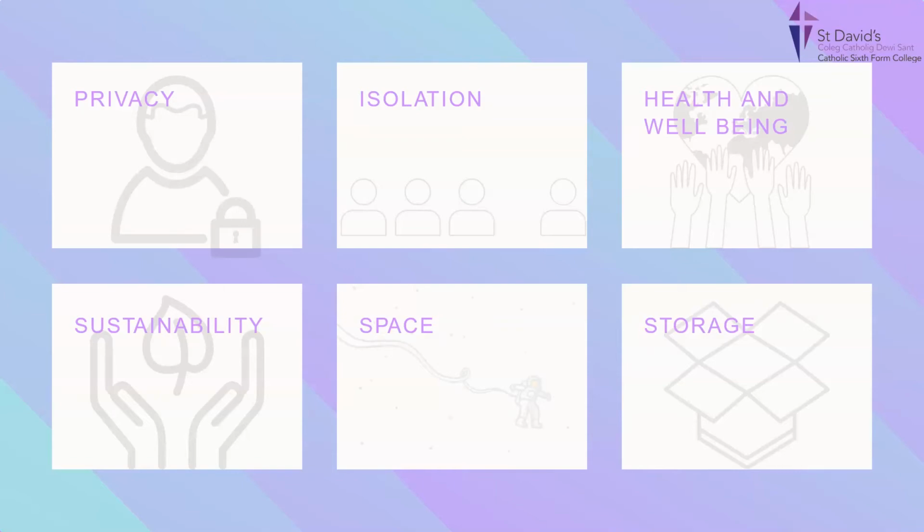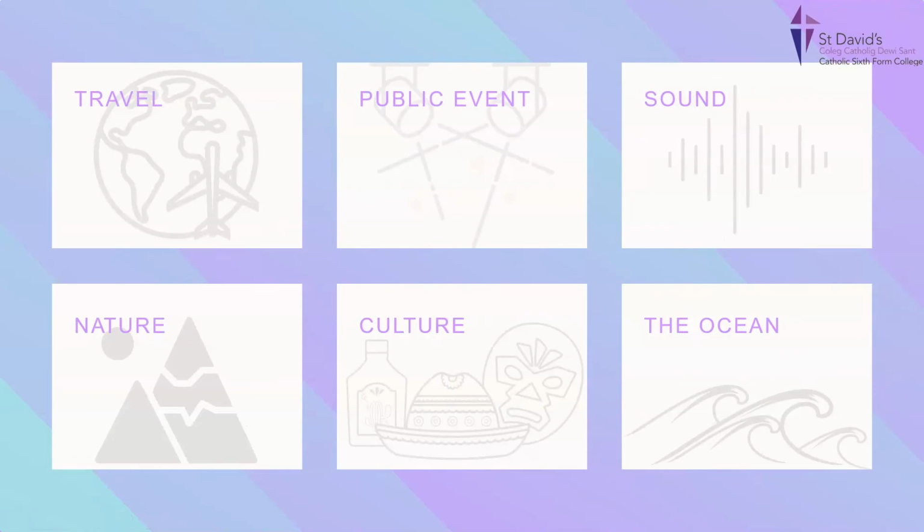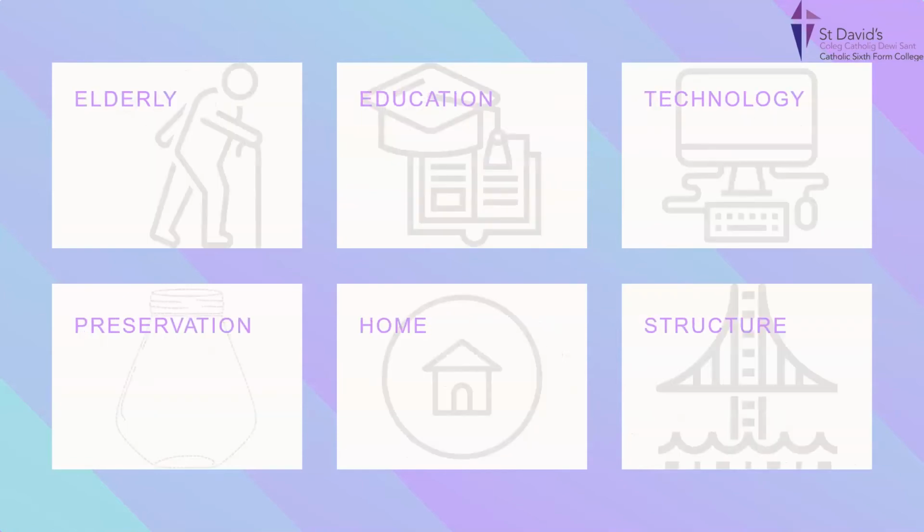So we've got privacy, isolation, health and well-being, sustainability, space, storage, travel, public event, sound, nature, culture, the ocean, elderly, education, technology, preservation, home, and structure.